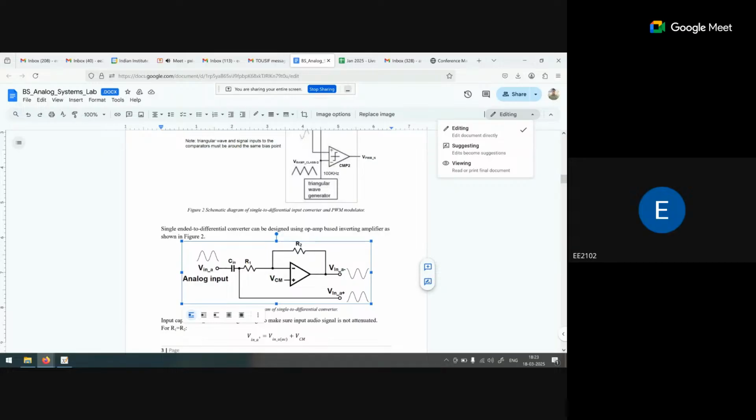So the voltage drop across the capacitor should be minimum. Okay, sir. That's why we ensure that the capacitance value is high.